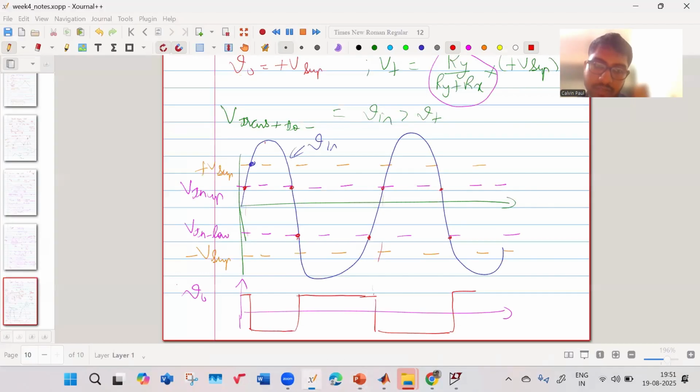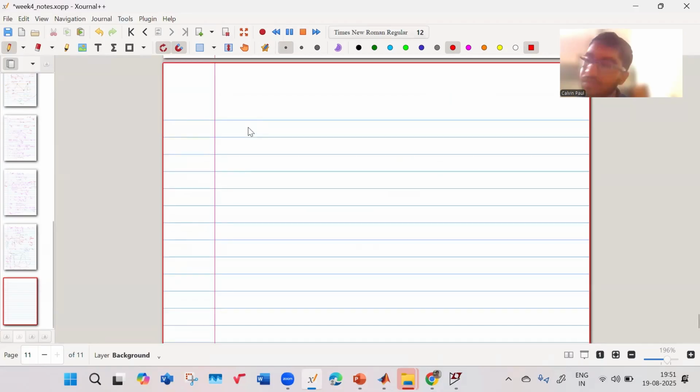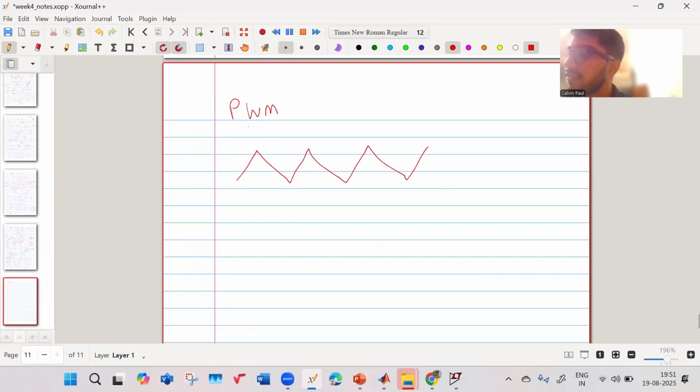In normal PWM control, your current has a time period T, which is 1 upon FSW, the switching frequency. When you plot the FFT, you will have a DC component, a switching frequency component, and 3 FSW, the odd harmonics.